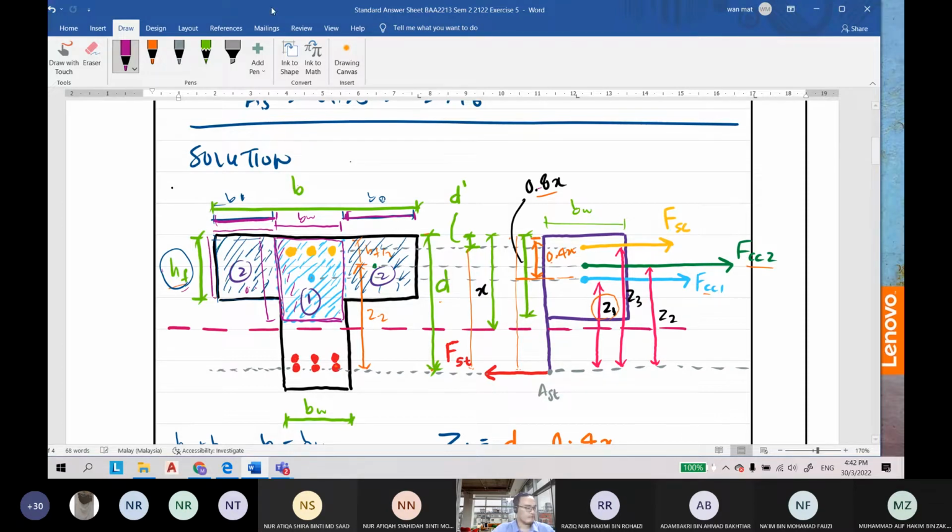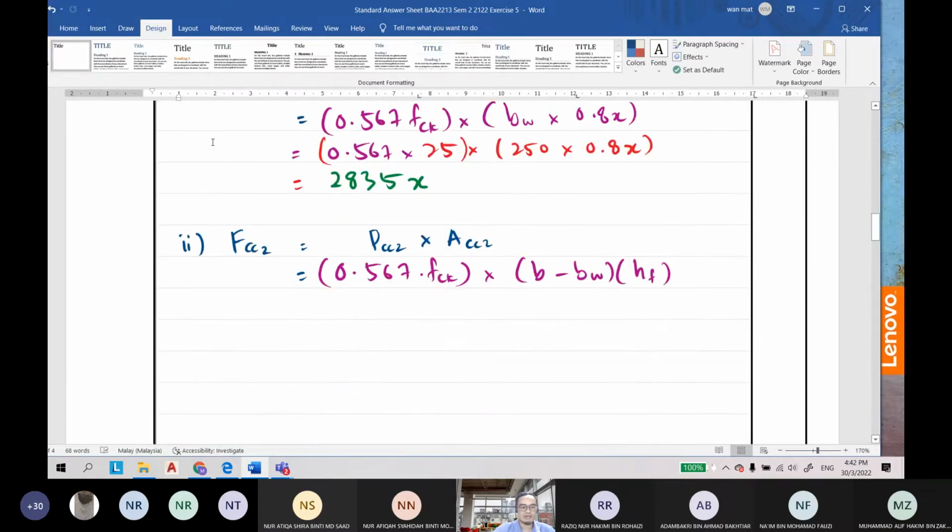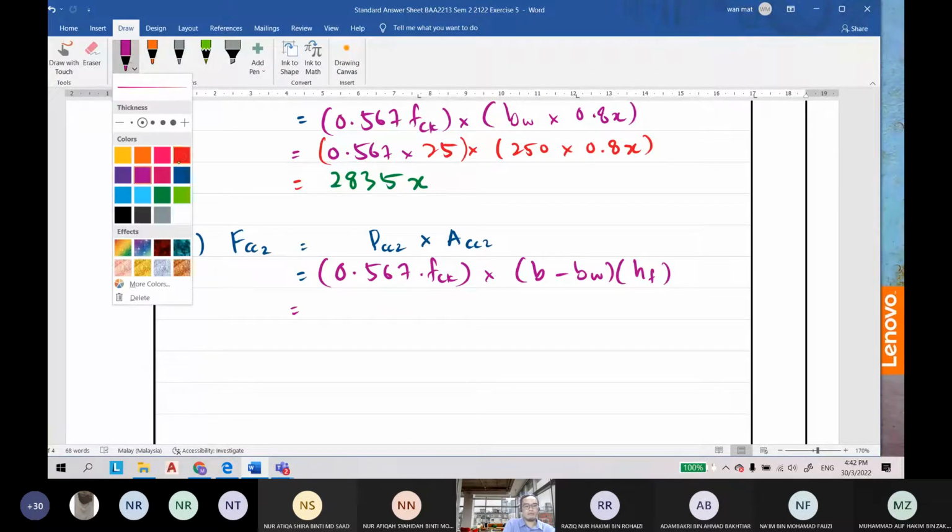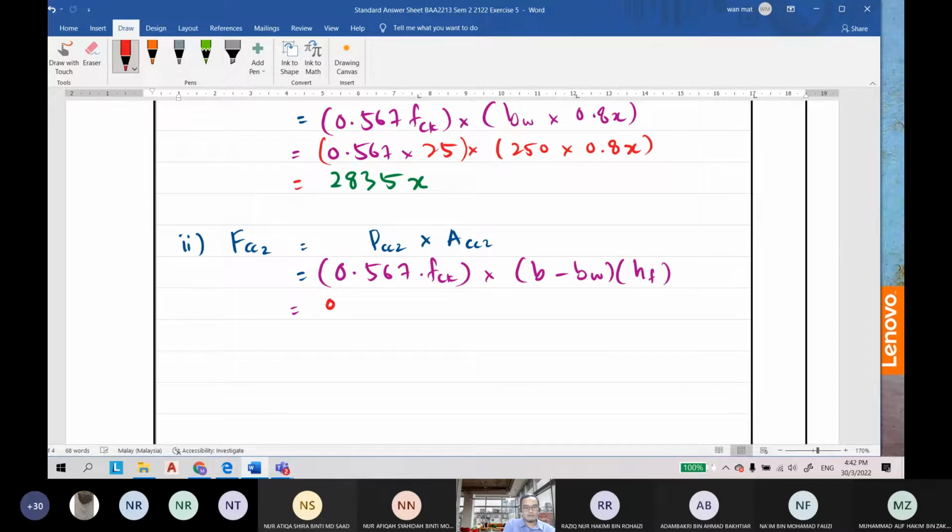So the answer is 0.567 multiplied by 25 times B, which is 700, minus 250, multiplied by 100. What is the answer?